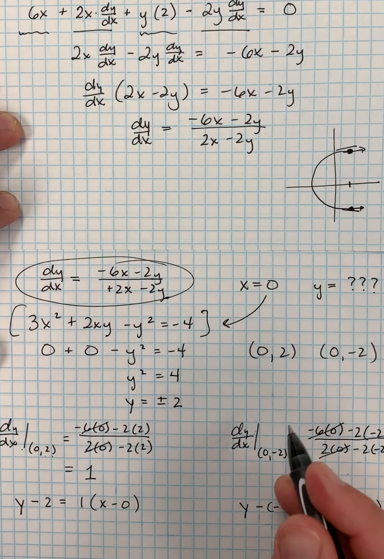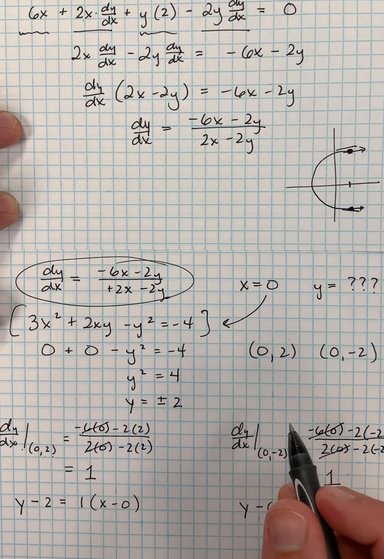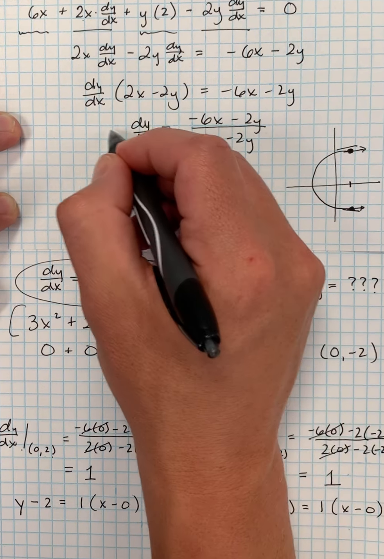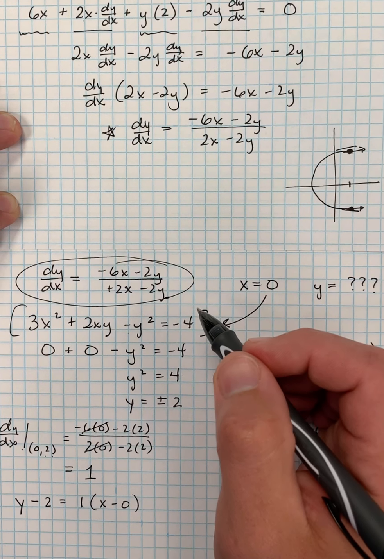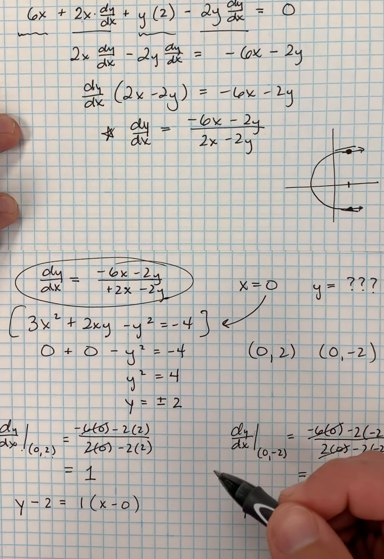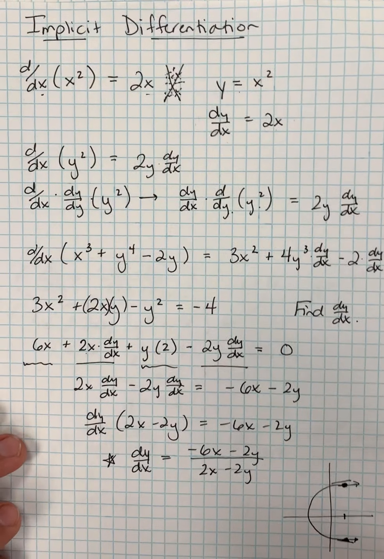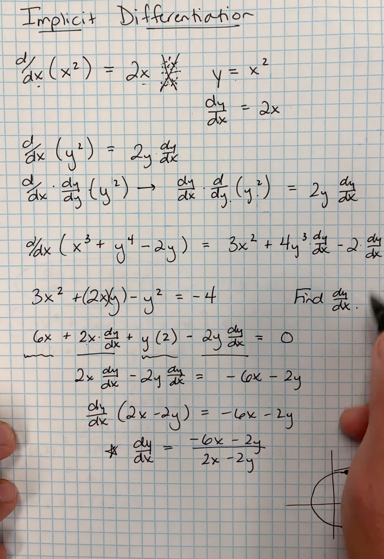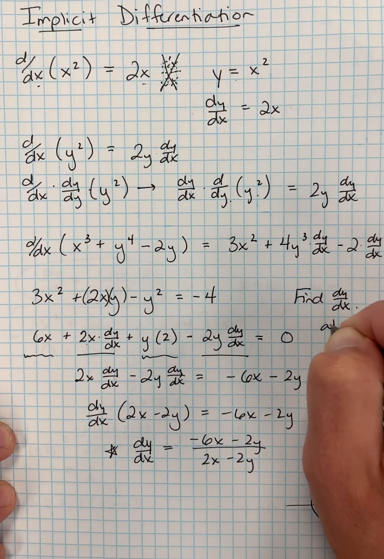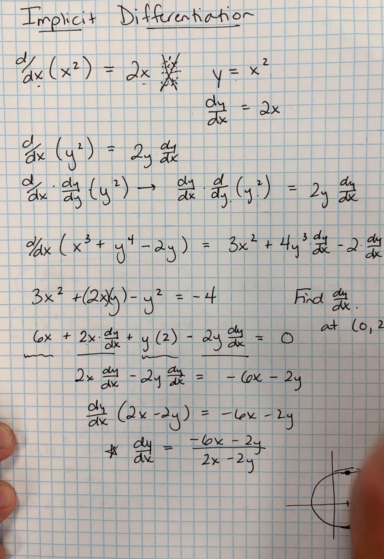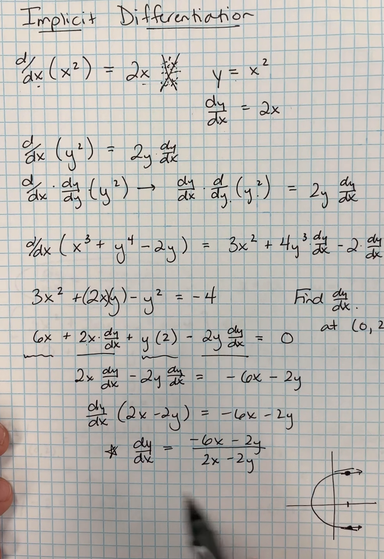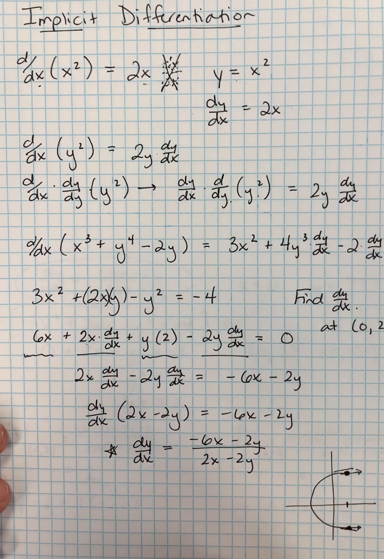Now, a little side note shortcut here. If the problem did not ask for dy/dx, but rather straight away said find dy/dx at (0, 2), you could skip some of the work you have here.